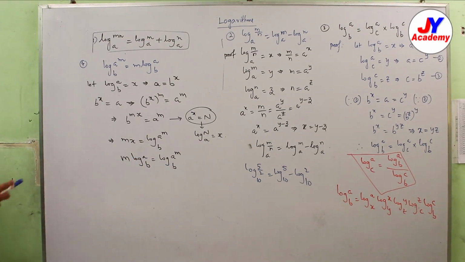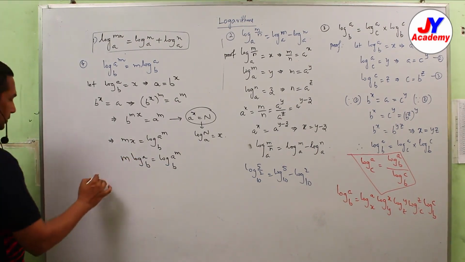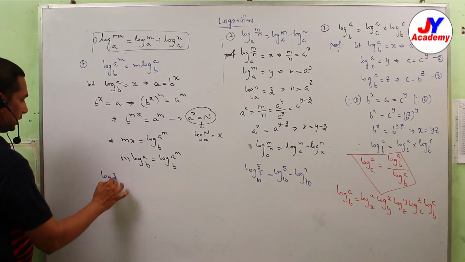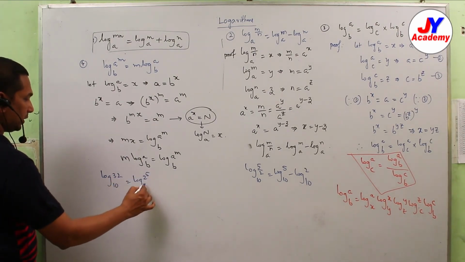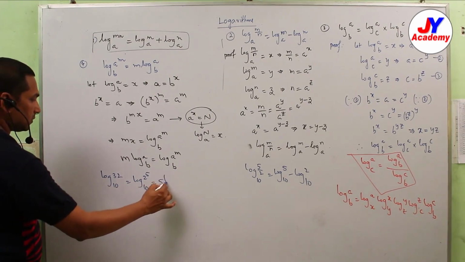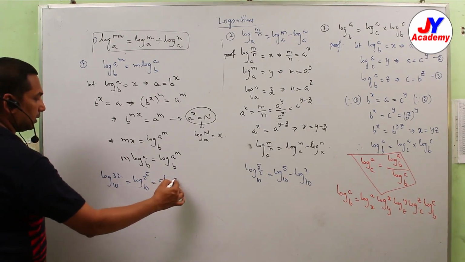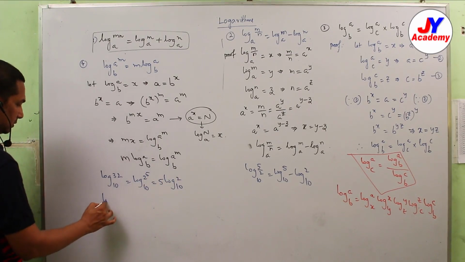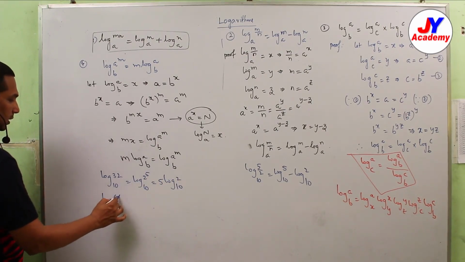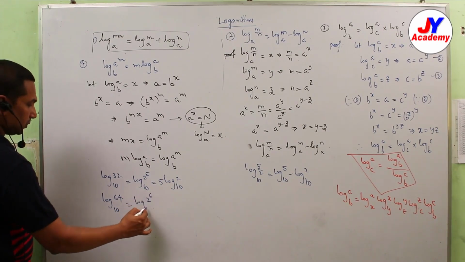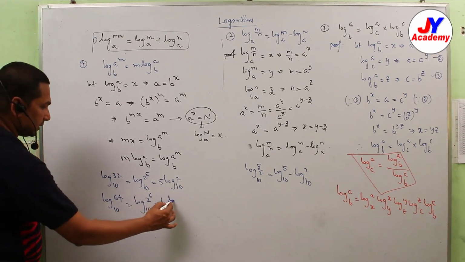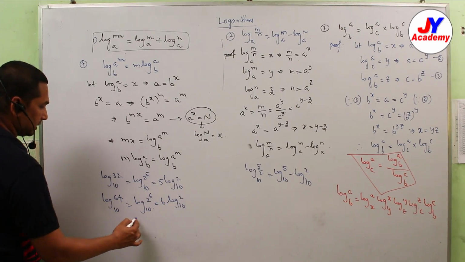So whenever log a power m base b comes, suppose log 32 base 10 is there. So while simplifying, it is 2 power 5 base 10. So 5 log 2 base 10. Suppose log 64 base 10 is given. In terms of 2 power 6 base 10, that is 6 log 2 base 10.